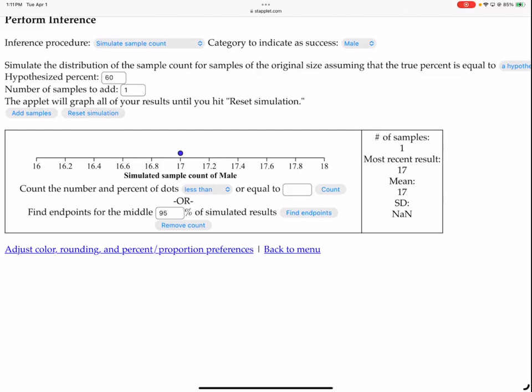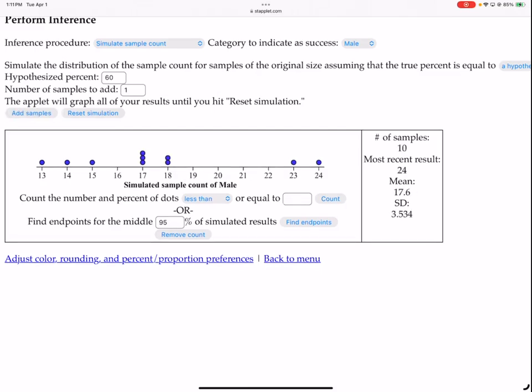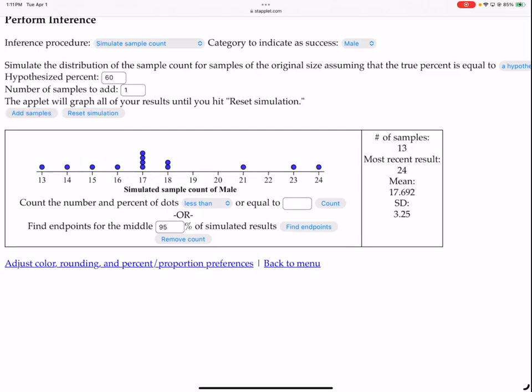Now, keep adding the samples and keep adding samples until you can see that something magical happens. With all these samples, every single one of these dots represents a sample proportion. You took a sample of 30, you took a sample of 30, everybody takes samples of 30.